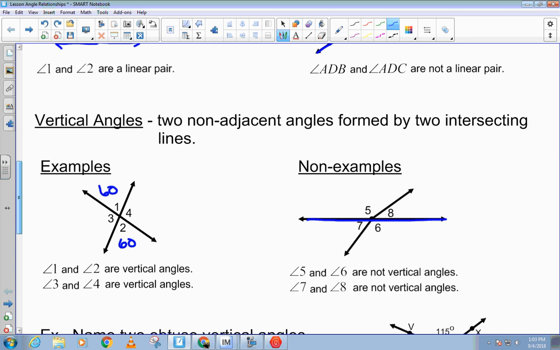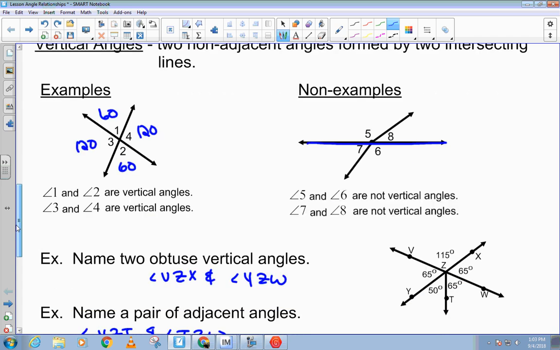What else do we have going on here with 1 and 4? They're not congruent. 1 and 4 are a linear pair. Remember my paper test? They're a linear pair, which is 180. So if angle 1 is 60, angle 4 is 120, which means angle 3 is also 120. Okay. All right.